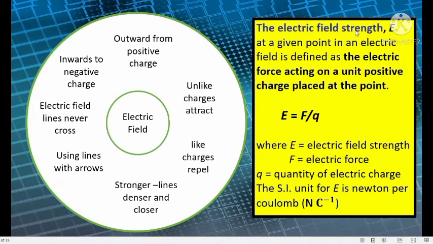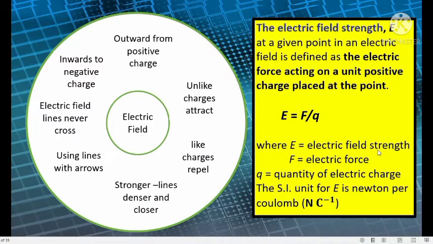So when we talk about electric field strength, E, what is the meaning of electric field strength? At a given point in an electric field, it is defined as the electric force acting on a unit charge placed at the point. So we have this formula, E equals F divided by Q, meaning electric force per unit charge.